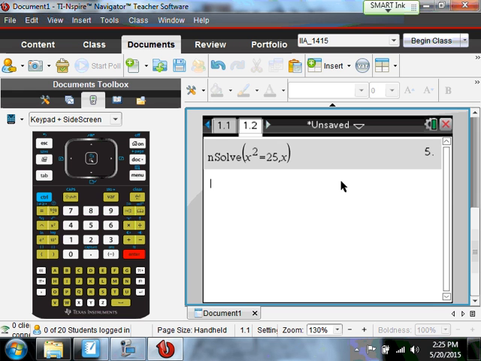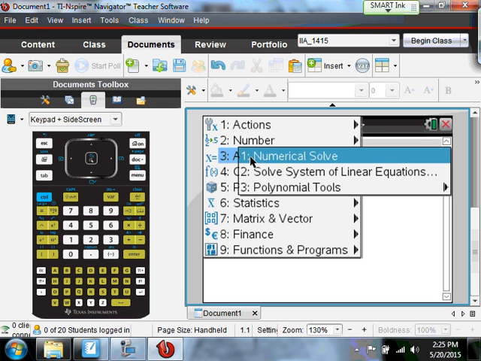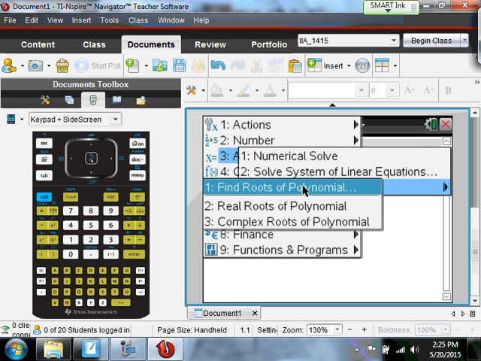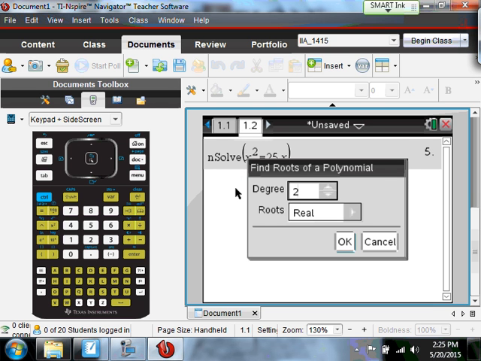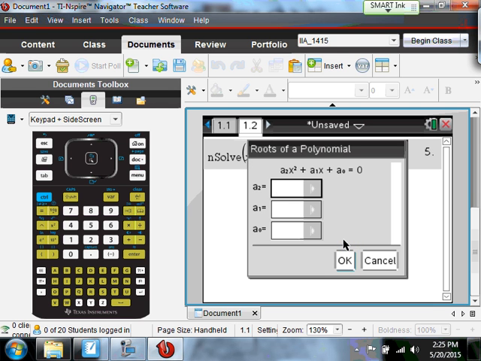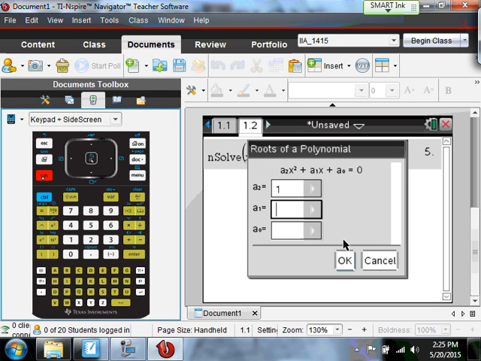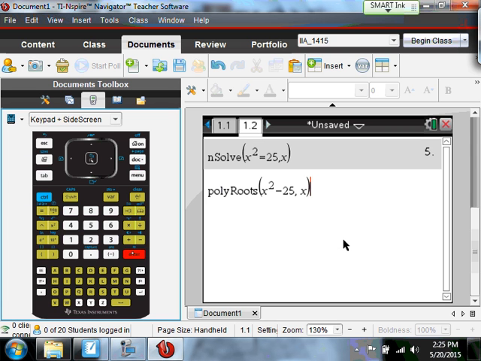So perhaps a better thing to do would be to use this polynomial root finder. Find the roots of a polynomial. The degree is 2. In ax squared, a would be 1. The coefficient of x would be 0 in standard form, and the third coefficient would be negative 25. There are a few drawbacks, but if I do that, I do find both roots.